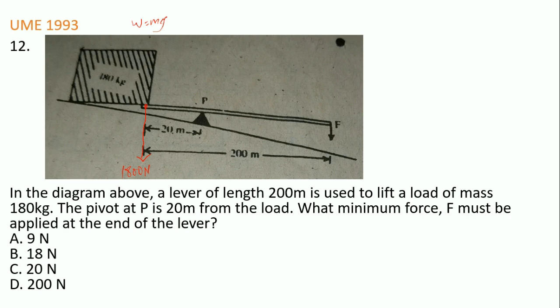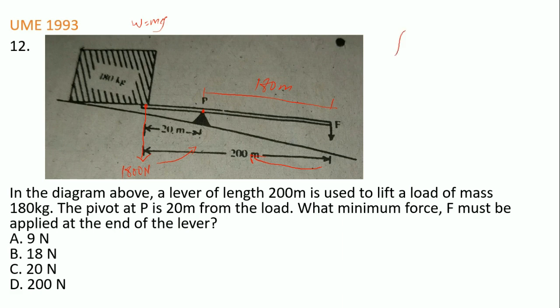So what do we do? Since we know that from here to here is 200 meters, and from here to here is 20 meters, that implies from here to here is going to be 180 meters. If we take moment about this point, this one is going to be anti-clockwise moment, this one is going to be clockwise moment.